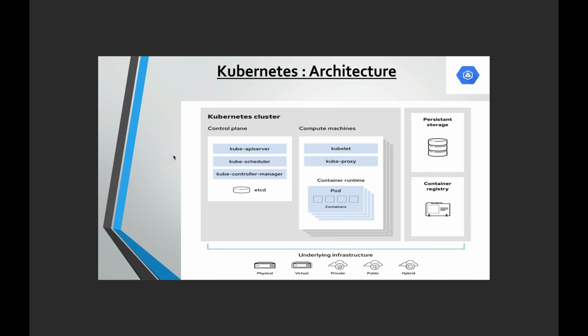So we interact via the kubectl command, and it goes through the kube API server, which connects to kubelet on the compute machine nodes, and this executes our operations. Now coming to the other component of the compute machine, which is the kube proxy. You can consider it a kind of firewall which handles the traffic or network which could come in or go out of the cluster.